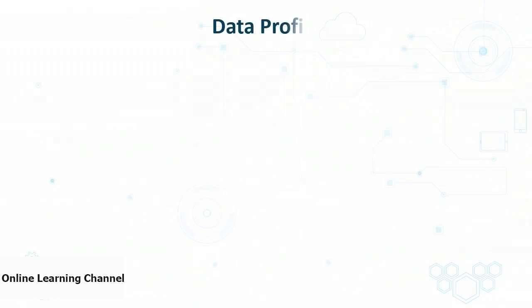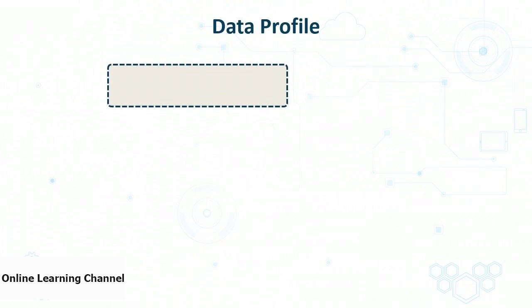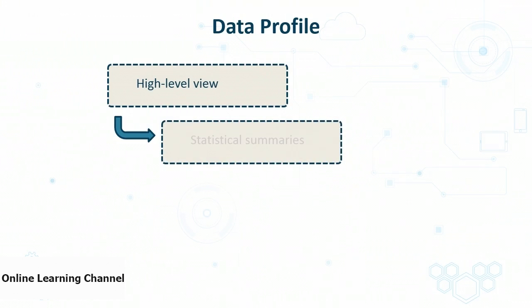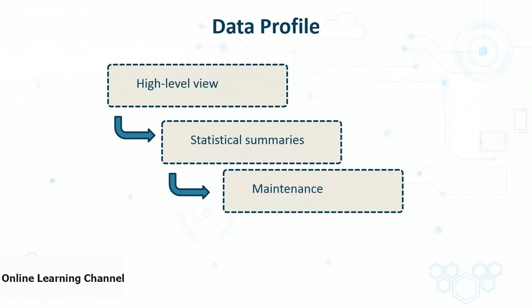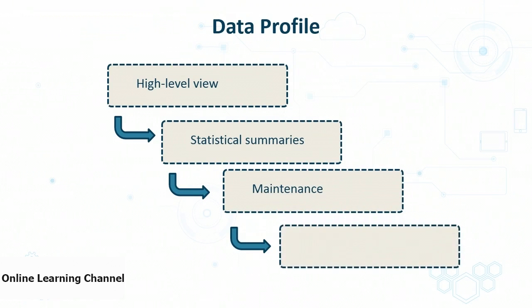And finally, we have data profiling, where we get a high-level view of our data. So we carry out methods like gathering descriptive statistics like min, max, mean, frequency, etc. We carry out maintenance tasks, we integrate data into new systems or applications, we assess the constraints, the validity, and carry out consistency checks, as I mentioned in the previous slides.